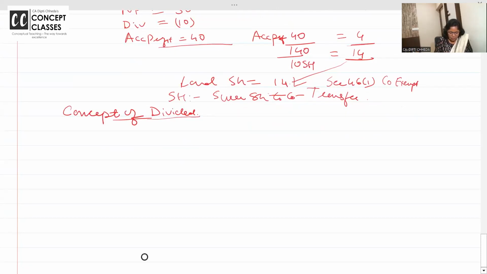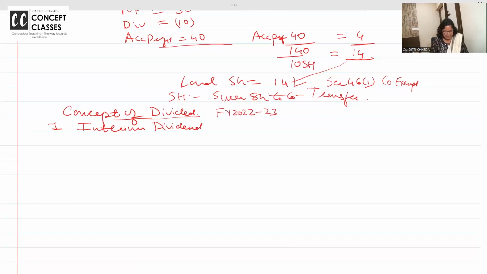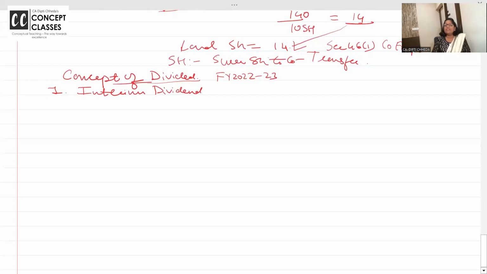Concept of dividend you all should know. You all know companies give interim dividend. Everyone knows what is interim dividend. During the running year, financial year is say 22-23. So during the running business, if the companies are giving dividend, that dividend is called as interim dividend.